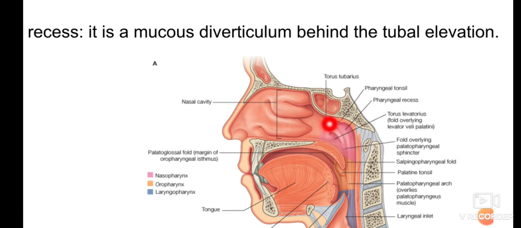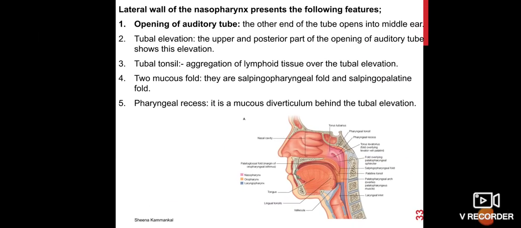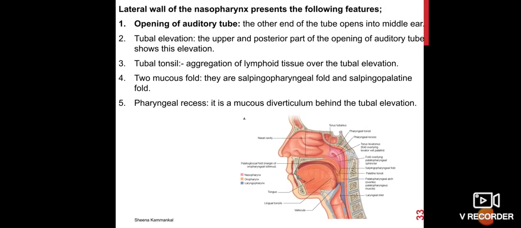And from the tubal elevation, two mucosal folds are running down, one towards the soft palate, other towards the pharynx. So this is towards the pharynx, and the anterior one is towards the soft palate. These two mucosal folds form salpingo-palatine fold and salpingo-pharyngeal fold respectively, because salpinx means tube.